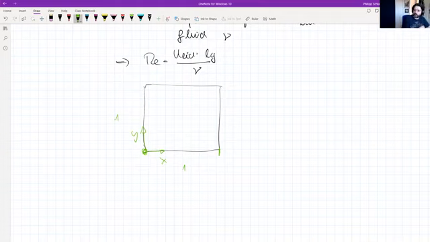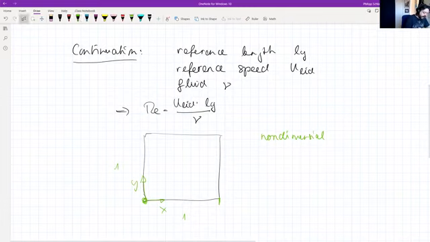This length would be 1 in the non-dimensional form, because we used the Ly as the reference length, and for at least the first problem, we look at the square cavity, so it's 1 and 1, and then we also have the speed here on top, which has a velocity of 1. Okay, so this is our non-dimensional case.